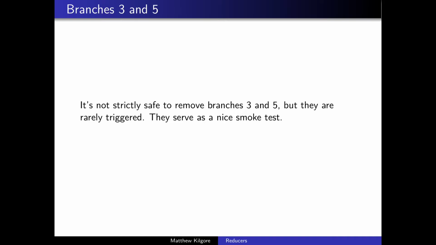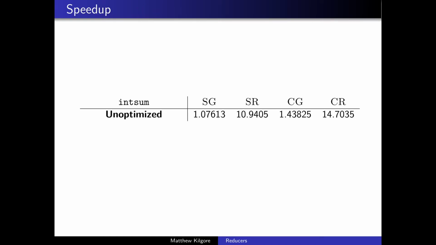So we can use them as a nice smoke test to see how much overhead these branches are inducing. So let's get some numbers.